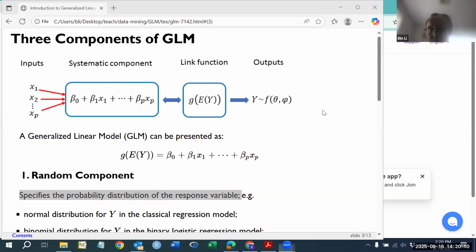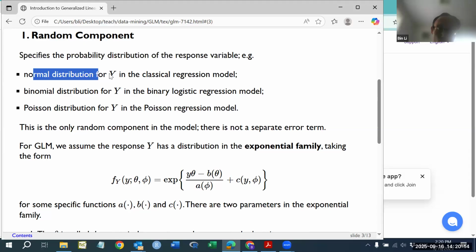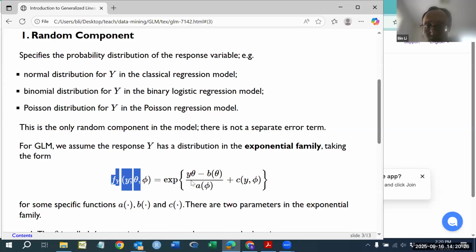So what kind of distributions can we handle in the GLM? There are many. I'm just listing some examples, like the normal distribution, binomial distribution, Poisson distribution, and so on. Does that include all the distributions that we know? No, that only includes a subset.